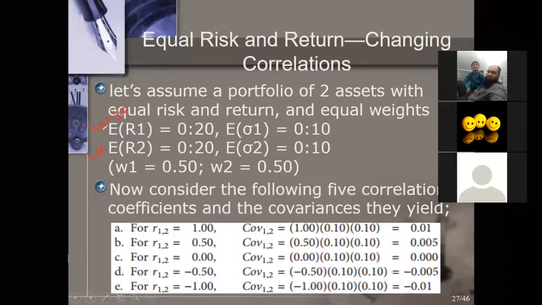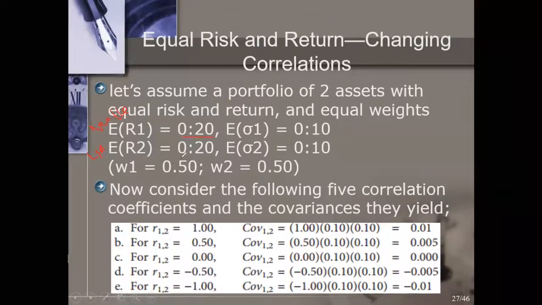Suppose that Nestle and Lever Brothers offer the same expected return of 20%. And when we have calculated their standard deviation, the expected standard deviation is also the same, 10%, right? So 20% is the expected return of Nestle and 20% is the expected return on Lever Brothers, which are asset 1 and asset 2.